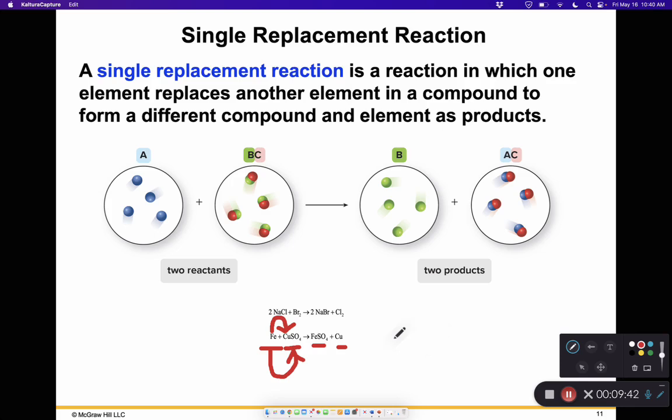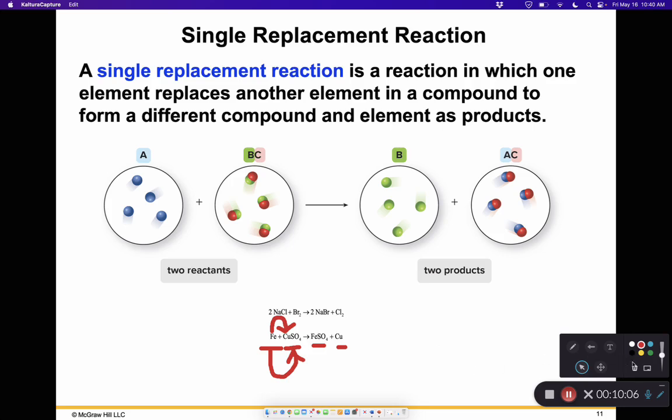You always want to have the plus and minus together in a compound, then only it makes sense, right? So here we have iron that can make a cation, and we have a polyatomic sulfate that can be a polyatomic anion. So we have a neutral molecule. That makes sense, right? So we have here a single replacement reaction.